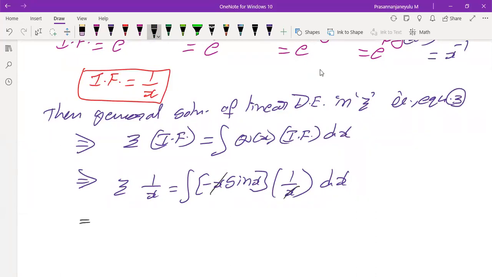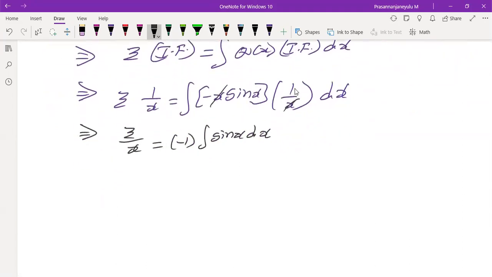So finally we'll get Z by x equals to minus 1 into integration of sine x into dx. What is the integration of sine x? Minus cos x. So minus into minus becomes plus. Completed integration, we can add the constant c.